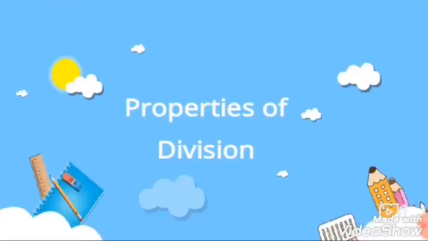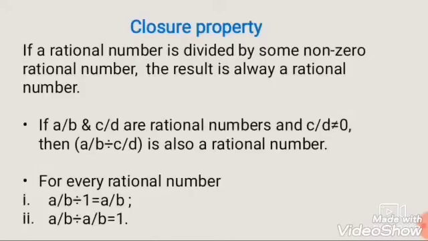Next we move on to the properties of division. The first property is the closure property. If a rational number is divided by some non-zero rational number, the result is always a rational number.